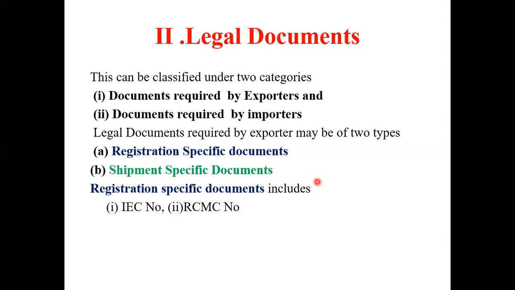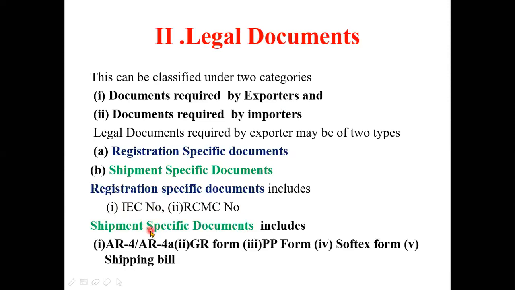Another one is the registration cum membership certificate number, in short known as the RCMC. These two are mandatory for the exporter. In fact, in any future correspondence with the exporter, the IEC number of the exporter should always be mentioned. It is something like a roll number: all of you have got a roll number, and similarly all exporters should have an IEC number.